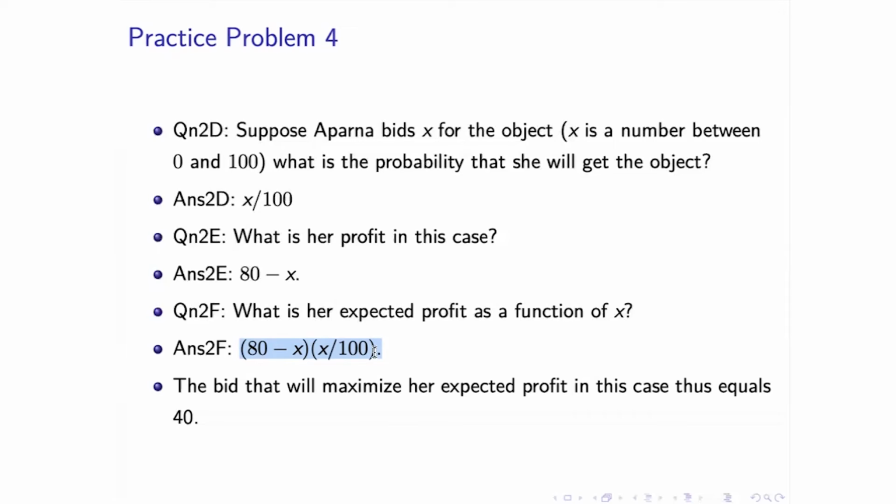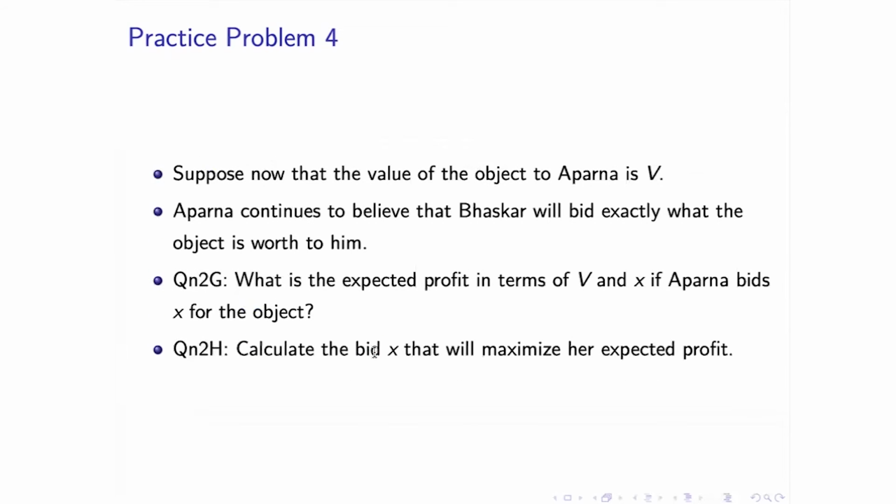So that's one answer. Now, here we have assumed that Aparna's valuation of the object was 80. Why don't we generalize that as the next step? Let's consider the general case where the value of the object to Aparna is V. And Aparna continues to believe that Bhaskar will bid exactly what the object is worth to him.